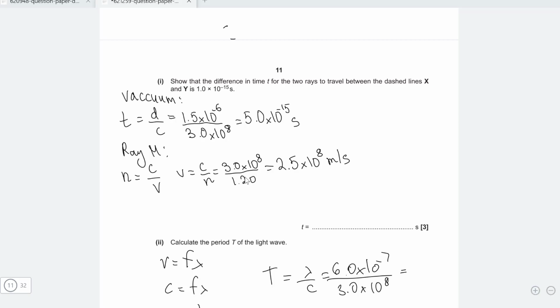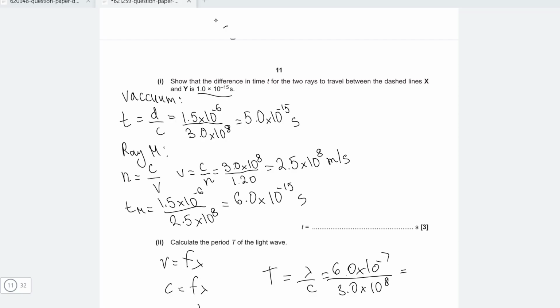So what I would just say is that T subscript M is equal to 1.5 times 10 to the power of minus 6 divided by 2.5 times 10 to the 8, which is just equal to 6.0 times 10 to the power of minus 15 seconds. Now in this case, remember they're just asking us to show that the difference between the two paths is 1.0 times 10 to the power of minus 15.